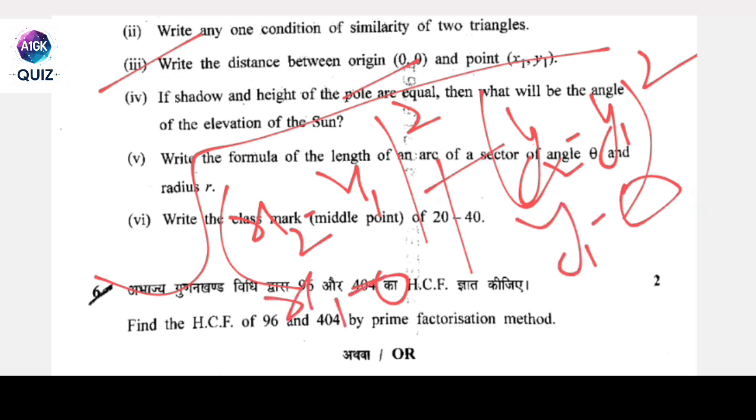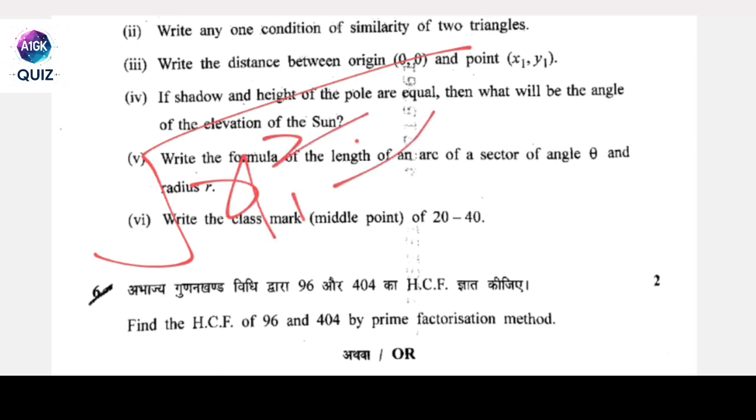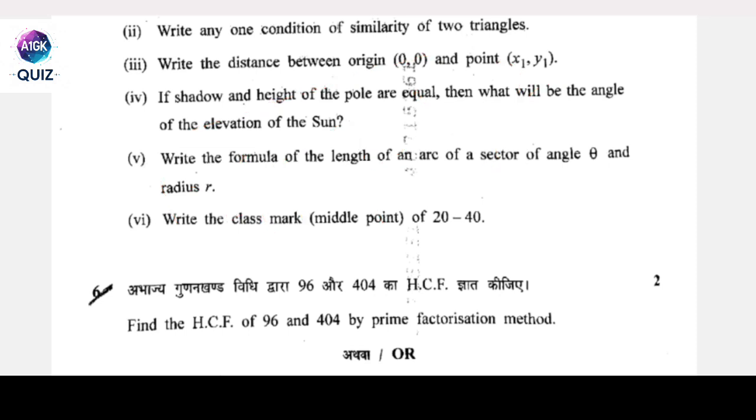On evaluating, we get the answer as root over x1 square plus y1 square. So the correct option is square root of x1 square plus y1 square, the distance of the given point.